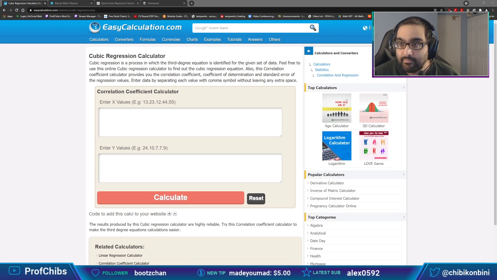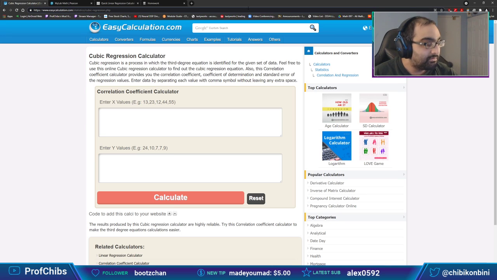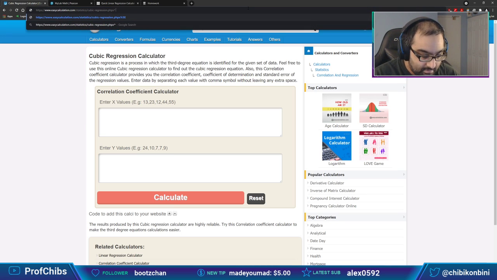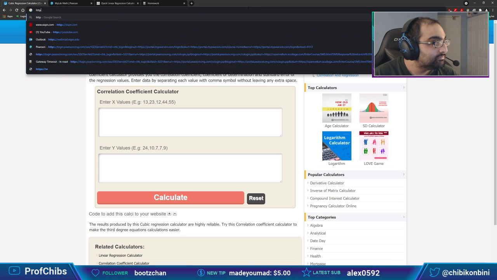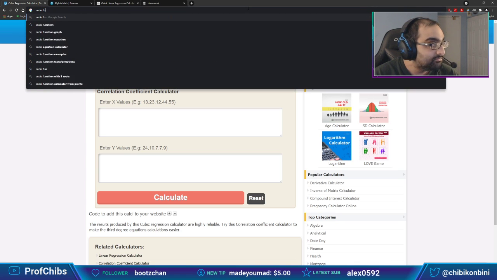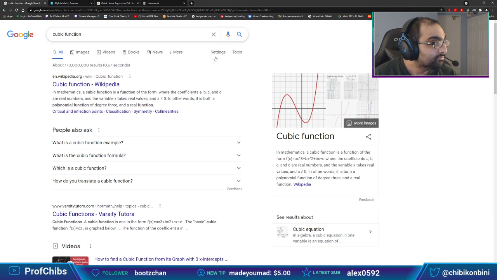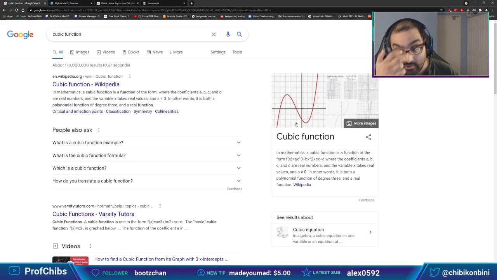Okay. And let's see what numbers we get for this, because I don't have all your numbers. Yeah, so you can see that the cubic function looks like that, if you want to know how I figured that out, which looks exactly like your scatter plot.